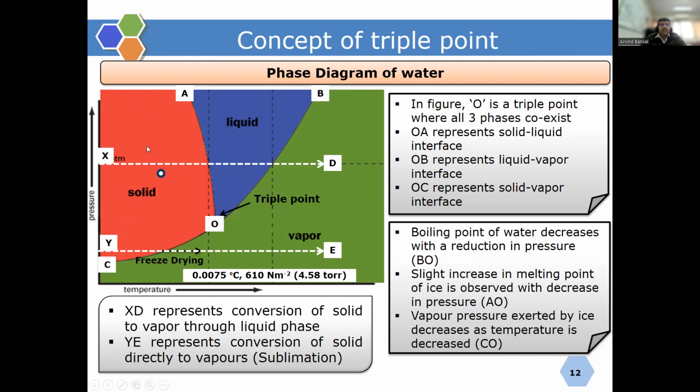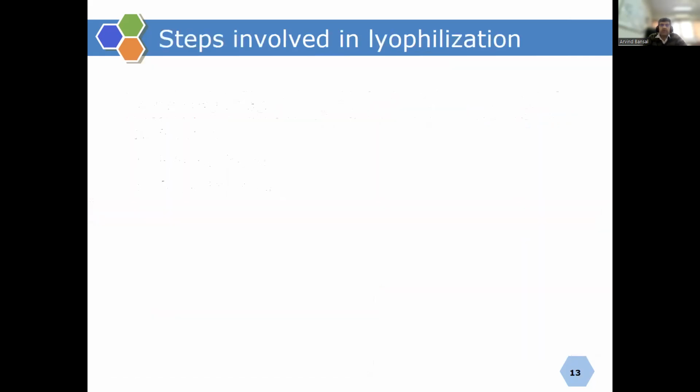You decrease the temperature and pressure to reach this YE line, and then the drying is carried out to directly remove the solid ice into the vapor phase of water. So this is the theoretical basis of lyophilization, wherein we first freeze the water in the sample, and then the solid ice is directly converted into the vapor phase to achieve drying of the product.